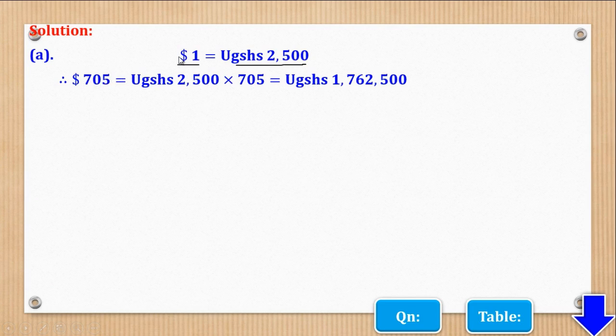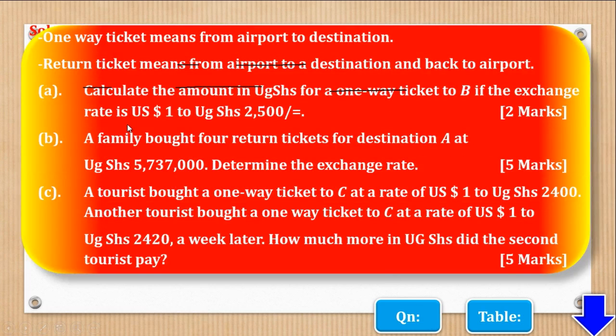Since we know that $1 is equal to 2,500 Ugandan shillings, we shall say that therefore $705 will be equal to 2,500 times 705 to come up with 1,762,500 shillings. So basically that's what they wanted in part A.